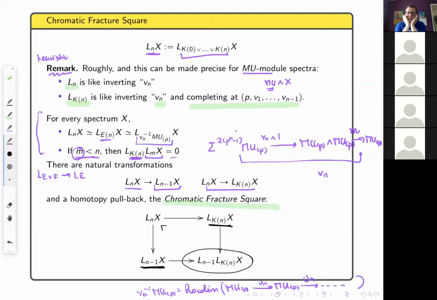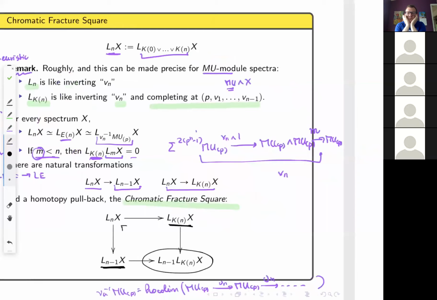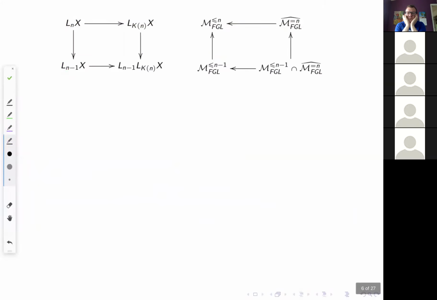Okay, so what I'm going to do next is draw a picture of this pullback. If you downloaded your notes earlier, you had a picture, but I kept being unhappy with it, so I'm going to draw it live. MFGL is going to be the moduli stack of formal group laws at a prime P. Whatever that is, it doesn't matter.